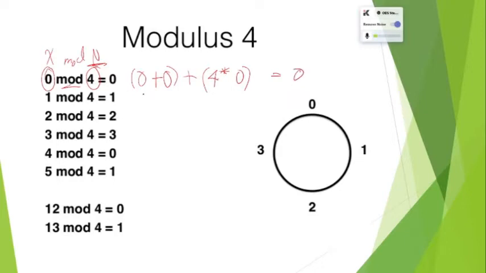Now, let's go with another example. Now, 1 mod n. The leftmost number, you add 0, then you add the second number multiplied by 0. So that is 1 plus 0, plus 4 times 0 is 0. Same case here.